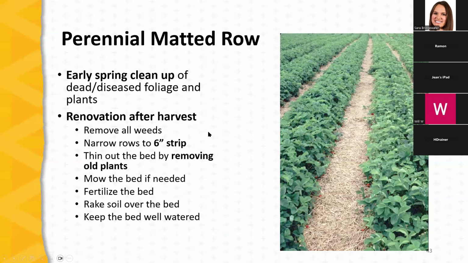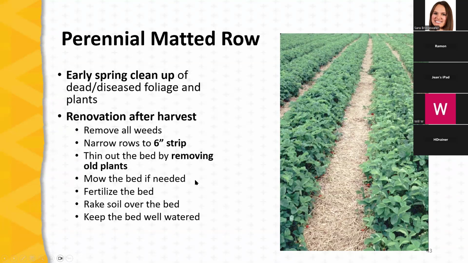And then after harvest, you renovate, you weed, you narrow the row to a 6-inch strip, depending on how much. All the plants are not going to be in a straight row. They're going to be in different places side by side. So you reduce the width of the row, thin out the bed by removing old plants, mow the bed in between beds, let's say, or even the bed if needed.